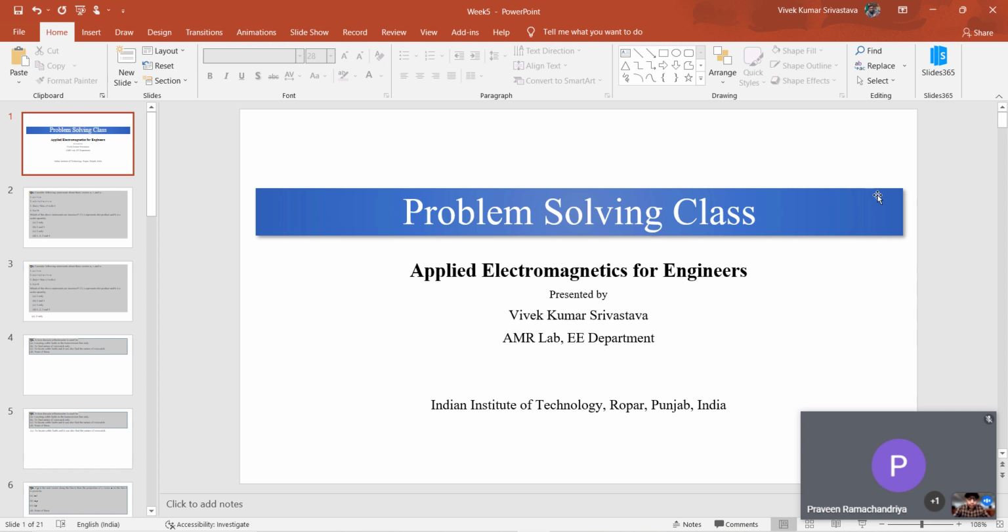In some of our previous classes, we have seen numericals based on the topic lossless transmission line. Then we have seen the numericals based on the lossy transmission line, and after that we have covered some of the prominent numericals based on the topic impedance matching network.